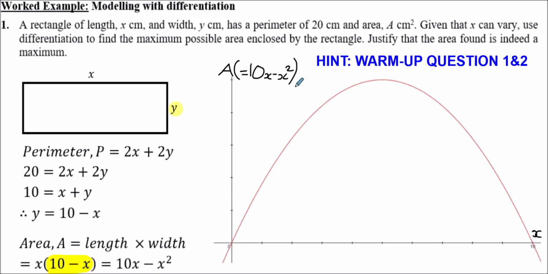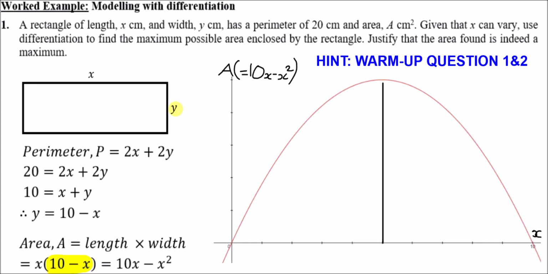Going back to the topic we did much earlier in the year on quadratics, you should know that if we know the x-axis intercepts of a quadratic curve, we can use the symmetry of the quadratic, and we can know therefore that the minimum or maximum, the turning point of it, will be halfway between the roots. And so if we have a root at 0 and 10, we should find that the maximum point here is where x is 5.